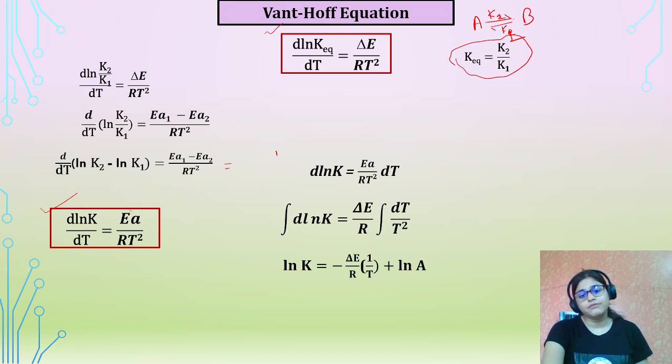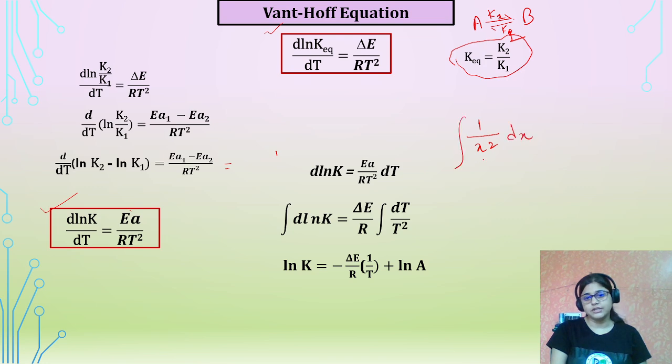So ln k will be now Ea by R into, because we know the integral of 1 by x square dx, the integration will be minus 1 by x. Okay. So minus sign is here and 1 by T is here, plus, here no upper limit and lower limit is given, so there should be one constant. So let's say the constant is ln A. So for the constant we have taken ln A.